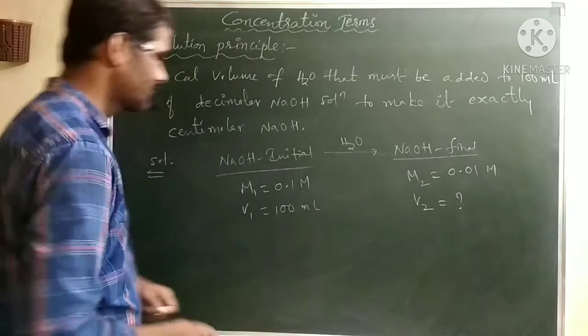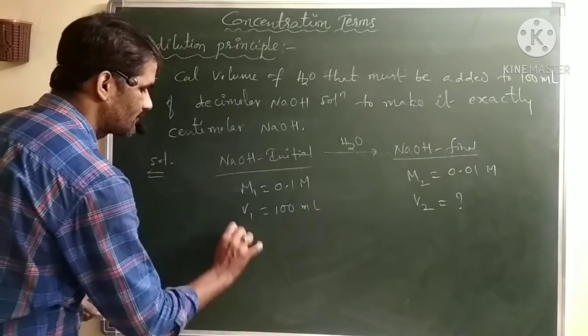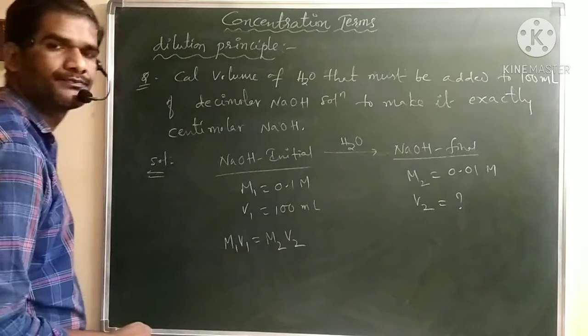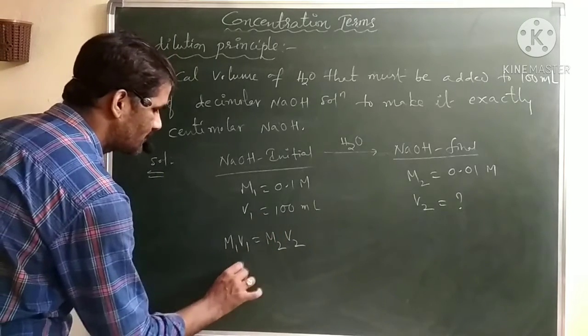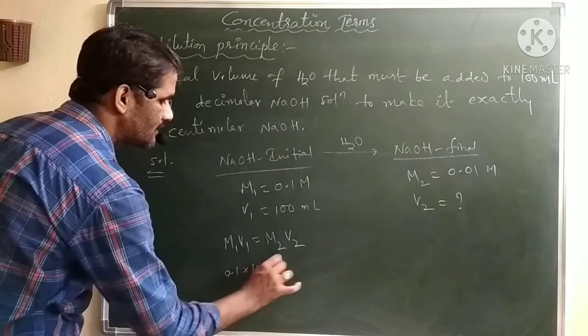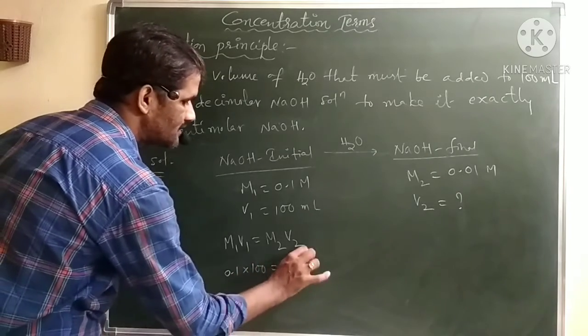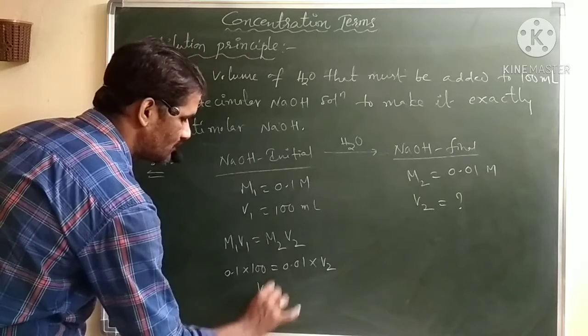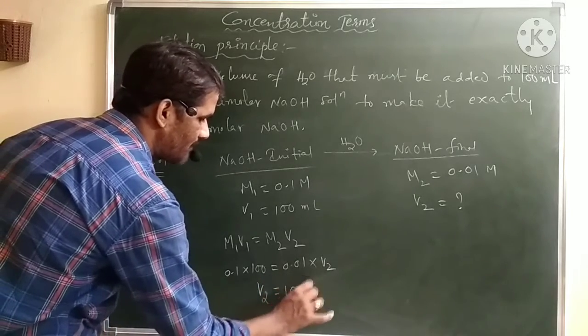So let us see here. First of all, M1 V1 equals M2 V2. M1 is given 0.1 and V1 is 100 and M2 is 0.01, and V2 we have to calculate from this, and V2 we will get 1000 ml.